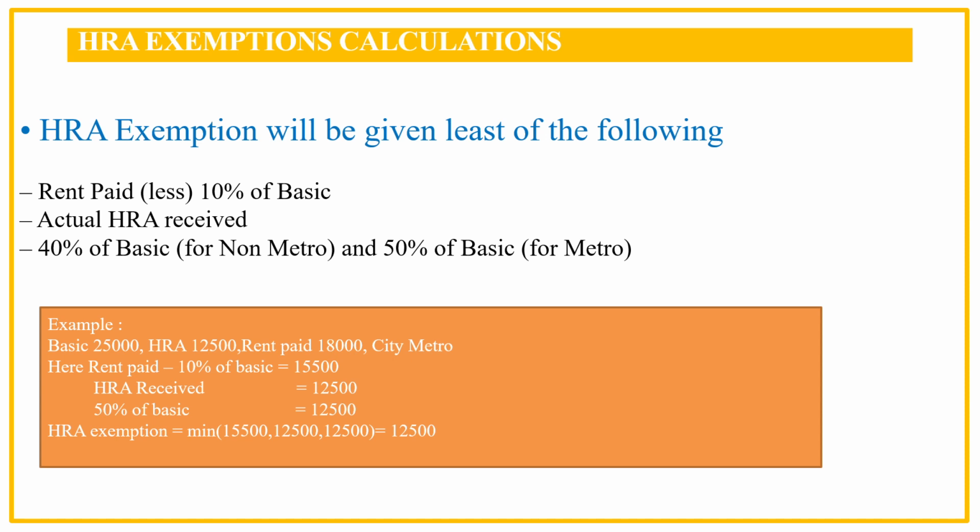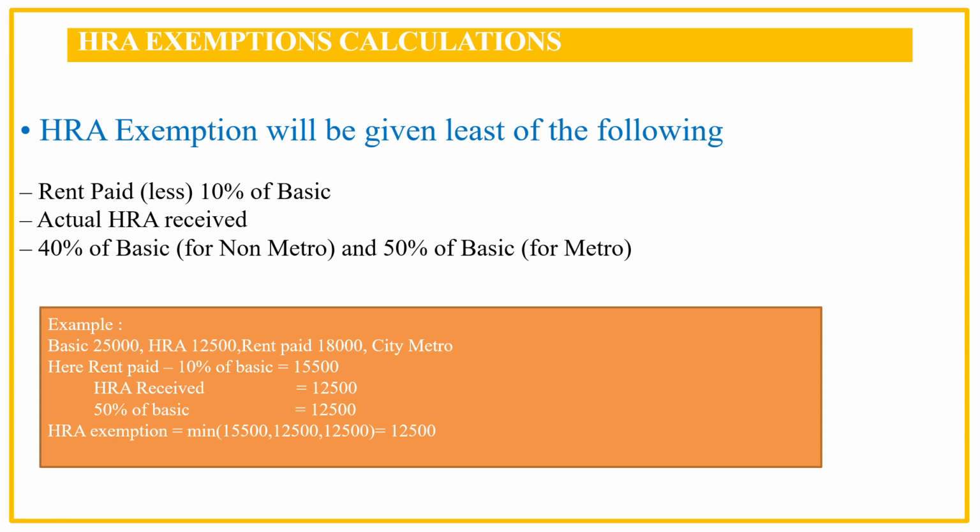So how the HRA exemption is calculated is what we are going to see now. First, for calculating HRA exemption, there are three criteria. One is rent paid less 10% of basic, second is actual HRA, and third is 40% or 50% of basic depending upon the city, whether it is metro city or non-metro city.